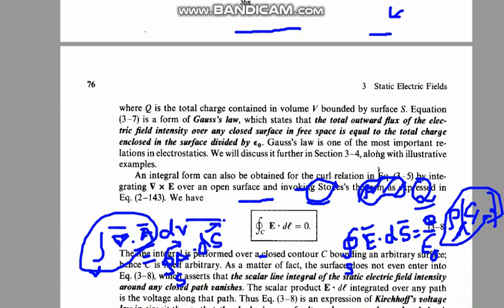From Gauss's law we know here Q is the total charge contained in the volume V bounded by the surface.